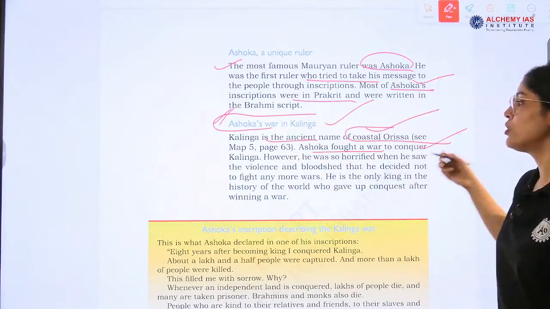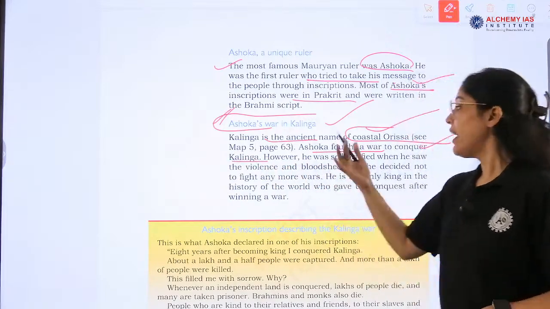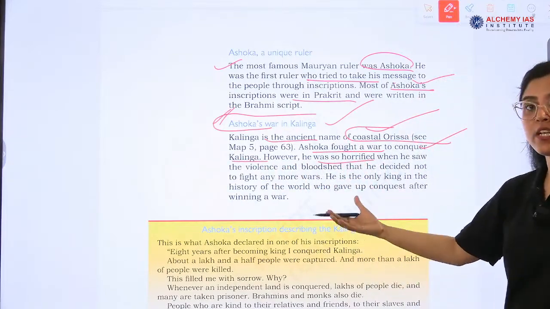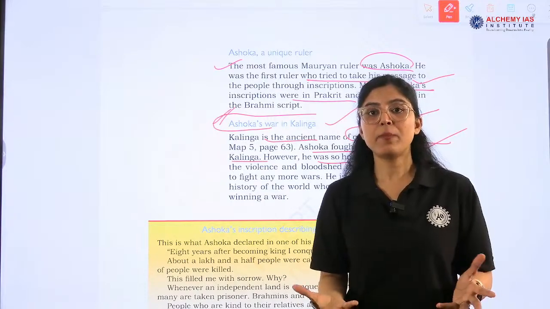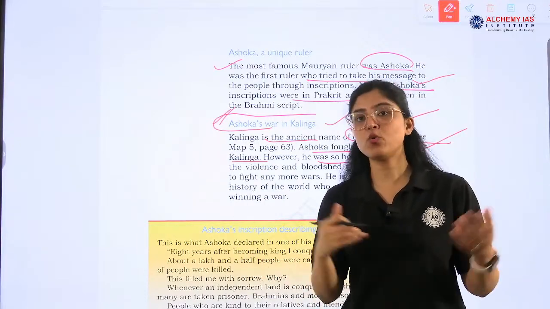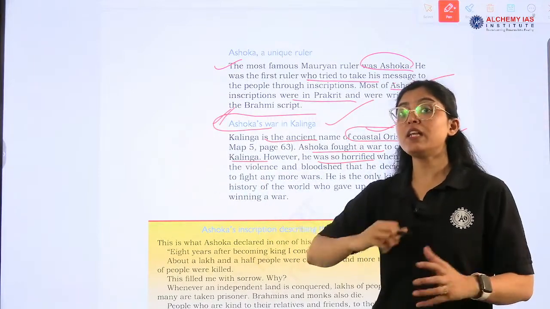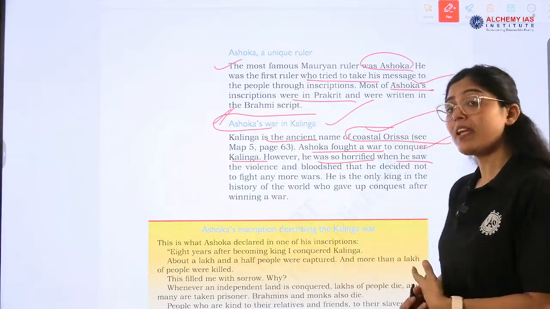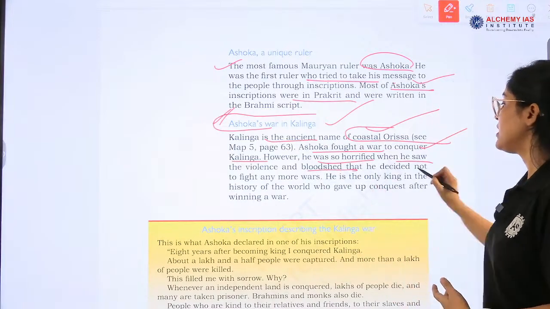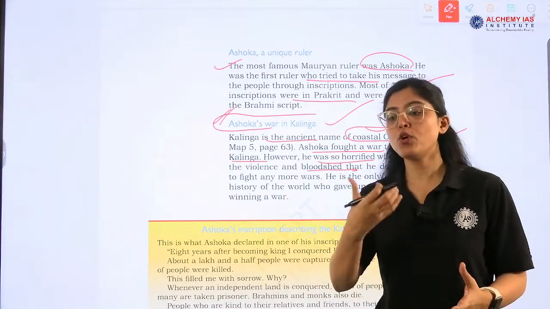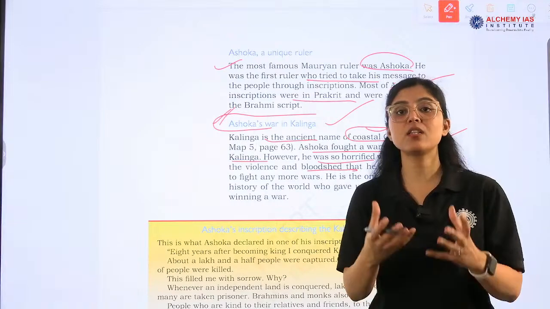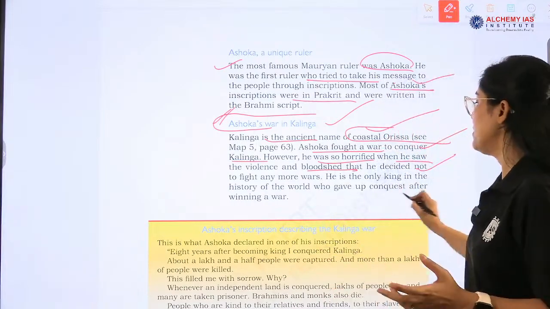Ashoka fought a war to conquer Kalinga, and then he was so horrified. He conquered Kalinga, but lakhs of people died. He was so horrified by the violence and bloodshed that he decided not to fight any more wars, and then he preached what? Dhamma, peace, brotherhood, love.